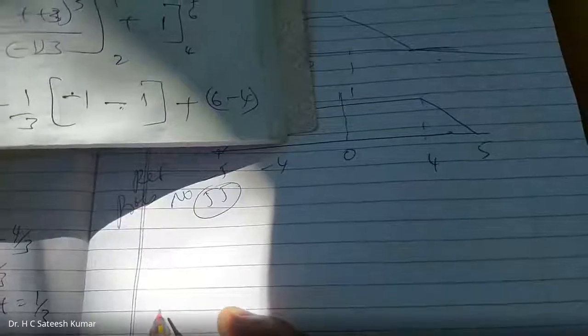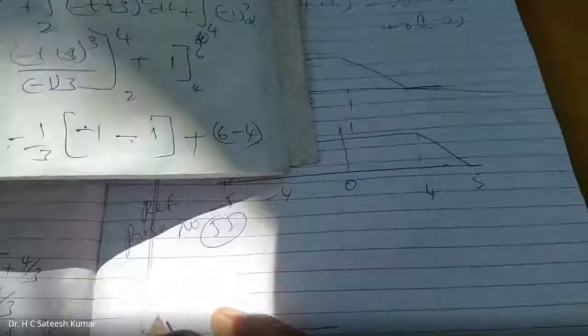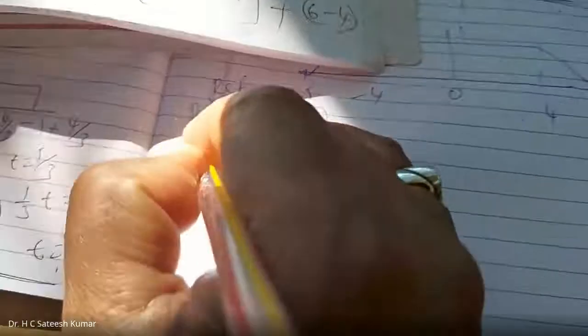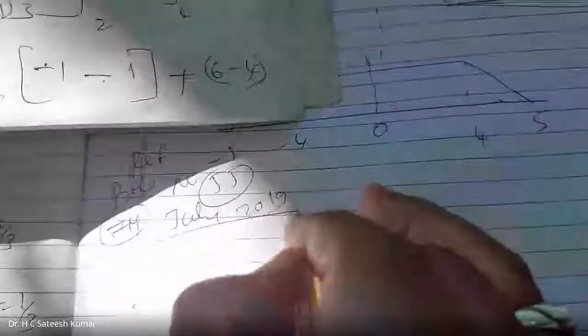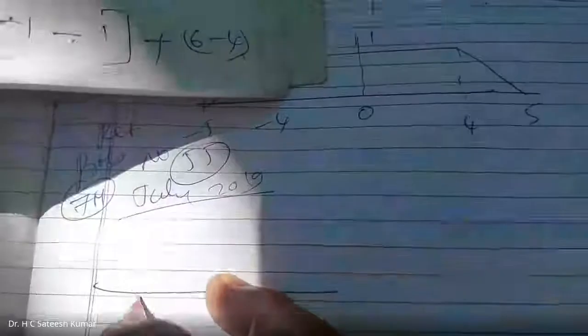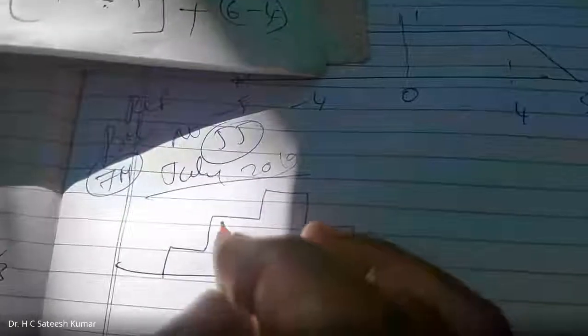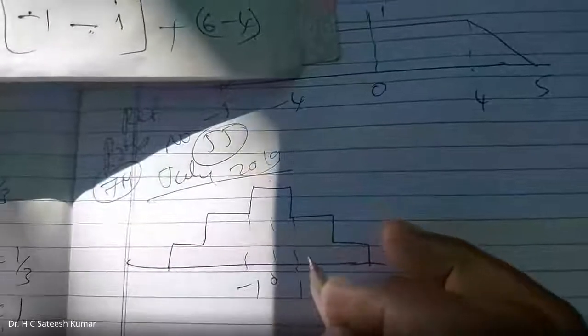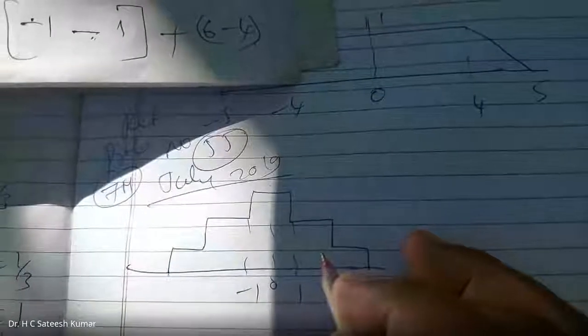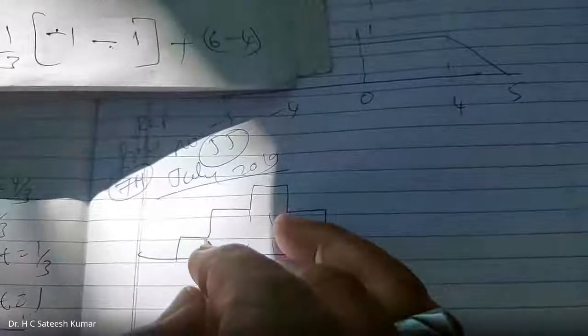Same kind, a 7 marks question, July 2019. And the question is something like this. This is minus 1, this is 0, this is 1, this is 3, 4.